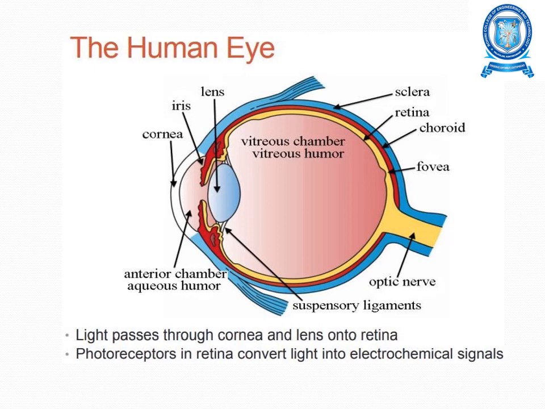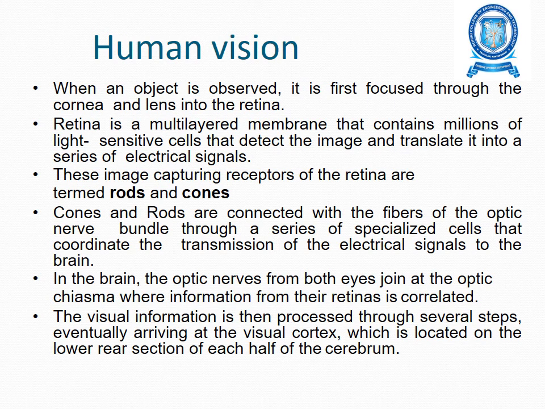First, the process is that the light passes through the cornea and then the lens into the retina. The main duty of the cornea is to adjust the light that is perceived by the human eye. The photoreceptors in the retina convert the perceived light into electrochemical signals.